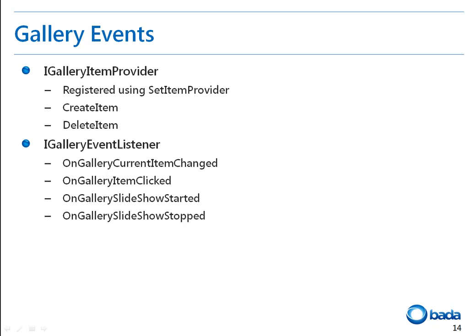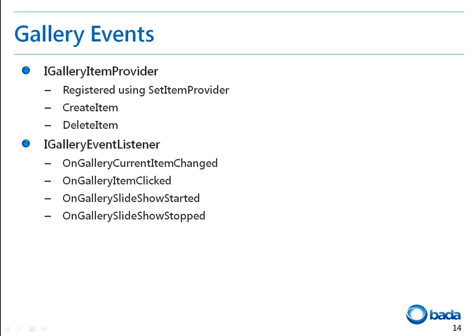iGalleryEventListener is the listener interface for receiving the events generated by the gallery. The application that needs to process the gallery-related events must implement this interface and register an instance of the listener using the addGalleryEventListener method of the gallery.